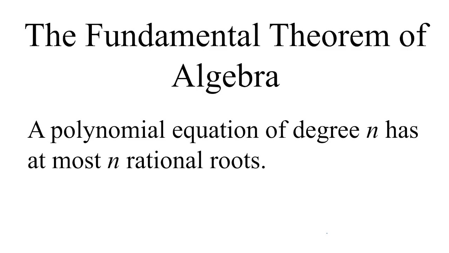For example, let's say you have a polynomial of degree 4. That means it has 4 roots. Well, 2 of those roots can be rational, or 3 of these roots can be rational, which means the rest of the roots can be irrational or complex. That's what the fundamental theorem of algebra is saying.